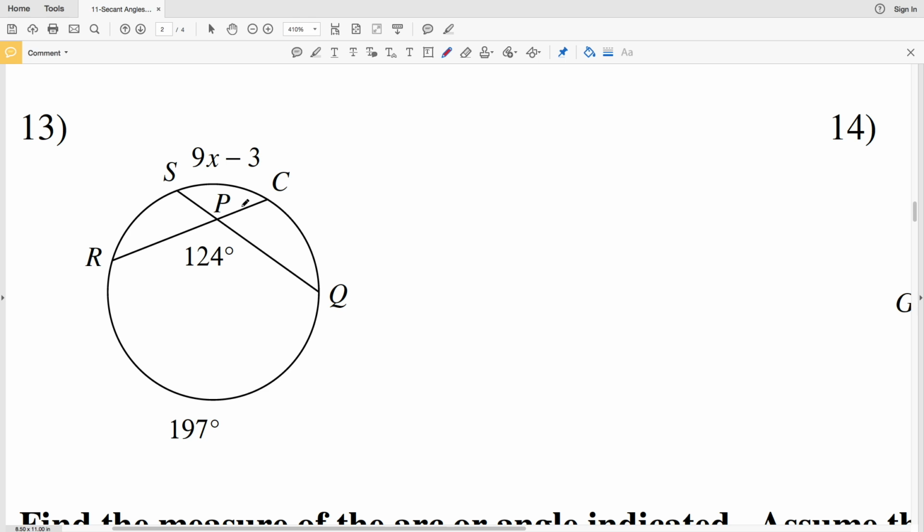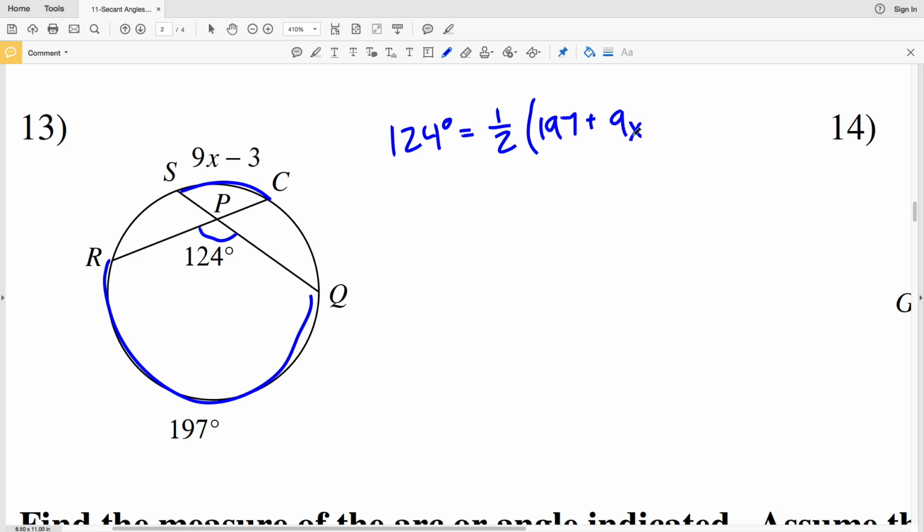In number 13, the intersection is formed inside the circle, so the angle formed by those intersected chords, which happens to be 124 degrees, is going to be equal to half of the sum of the arc lengths. So that's going to be 1/2 of RQ of 197 plus half of SC, which is 9x minus 3.